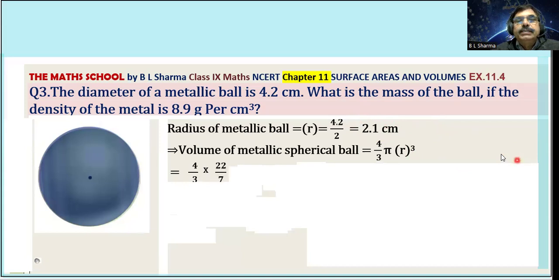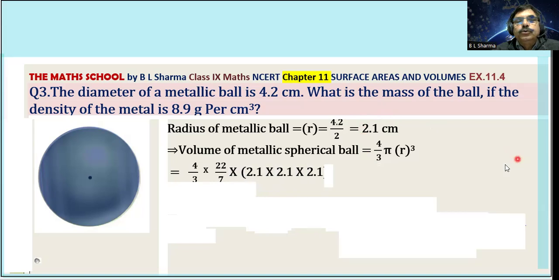In place of radius, replace it by 2.1 centimeter. So 2.1 into 2.1 into 2.1. And on calculating, we get 38.808 centimeter cube. This is the volume in centimeter cube.